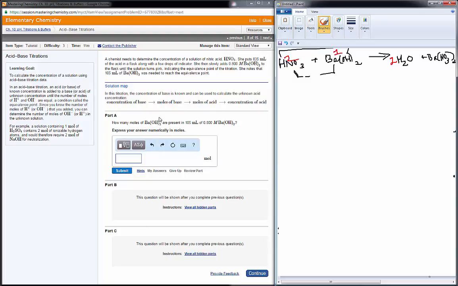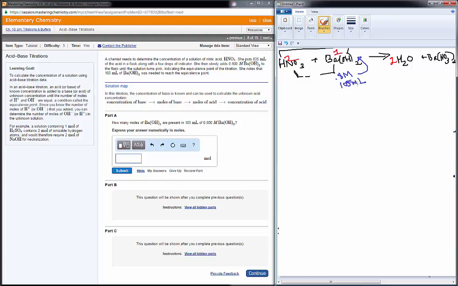They're going to walk us through this step by step. But essentially, if I know the concentration and I know how much of this I added, we have 0.8 molar, and I added 105 milliliters, I can use that information to calculate the number of moles of barium hydroxide, right?